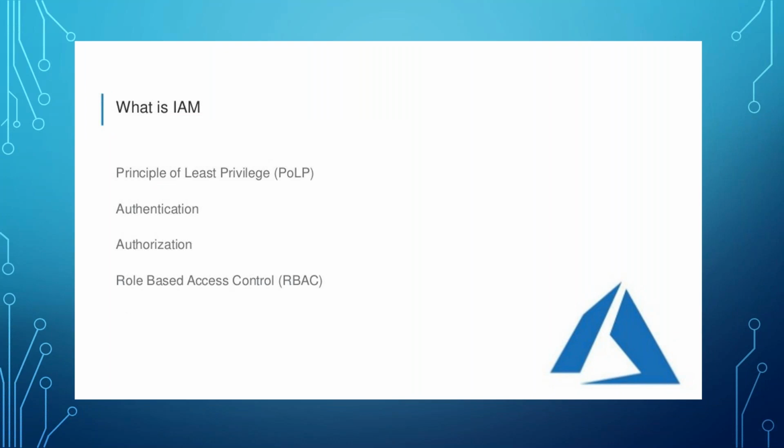So principle of least privilege, POLP, authentication, authorization, role-based access control, RBAC. Okay, so we'll see this. IAM in Azure means these are the things available: authentication, authorization, principle of least privilege, role-based access control, all these things are available.